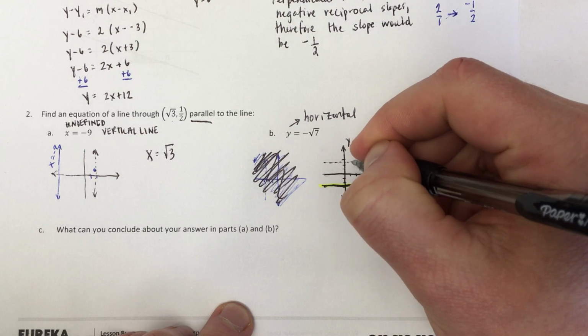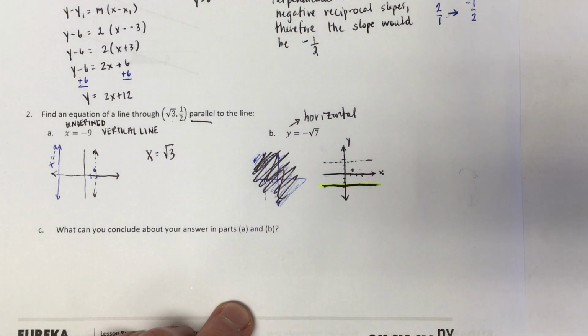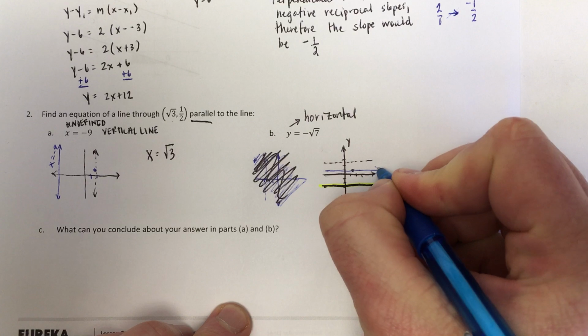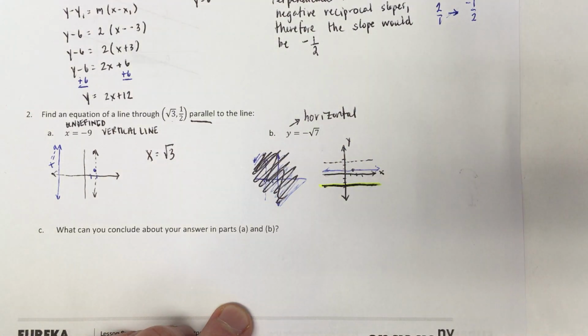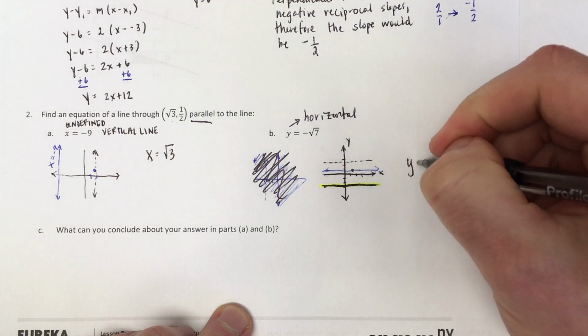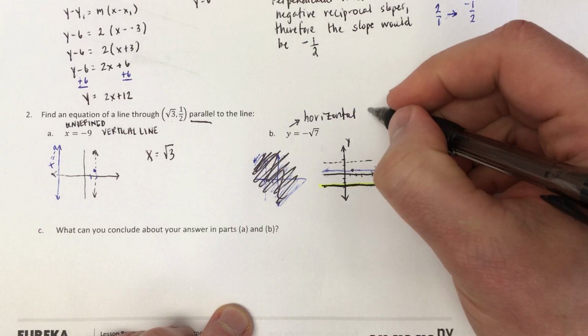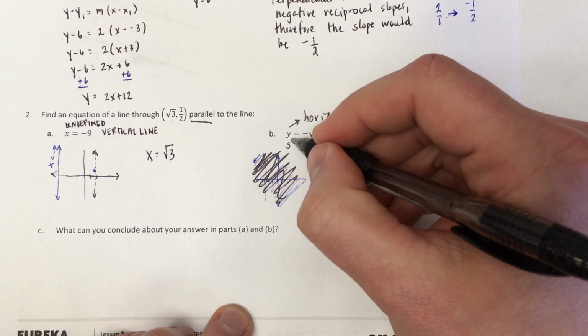So square root 3 is right there, and my graph would end up going likewise through that point horizontally. That y value is 1/2. So I get y is equal to 1/2. Because I know it's a horizontal line, I know that this slope must be 0.